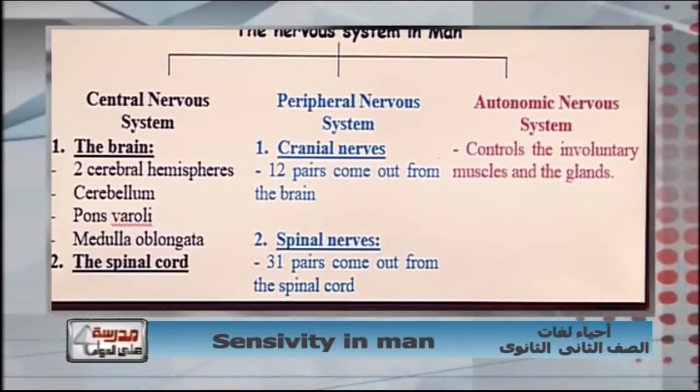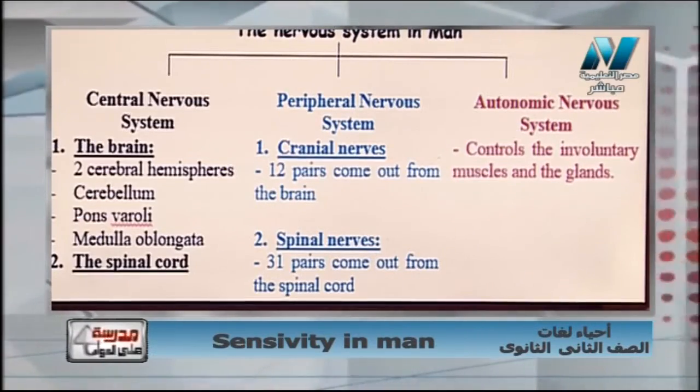And now, my dear students, the nervous system. This is the revision of the nervous system structure. We said that the nervous system is composed of the central nervous system and the peripheral nervous system. The central nervous system includes the brain and the spinal cord and is located at the center of the body.